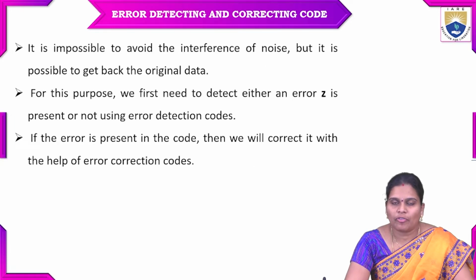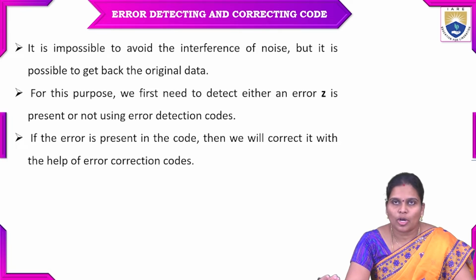Generally, whenever we want to transmit data, not only binary data but any other data, some noise will occur. The receiver should receive the original data without the noise, so we want to reduce that noise.